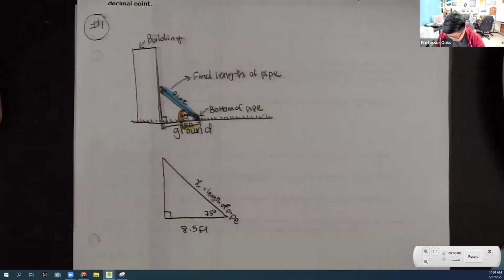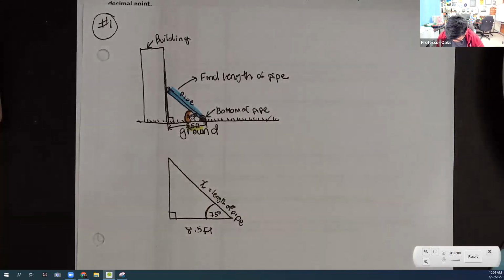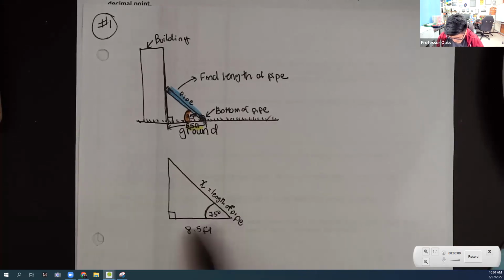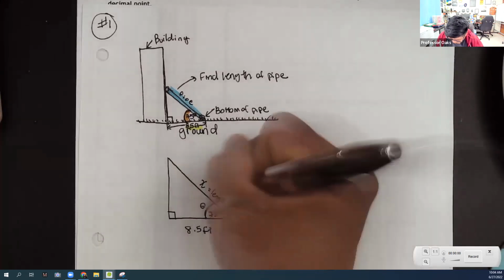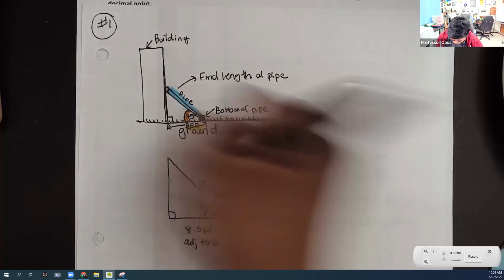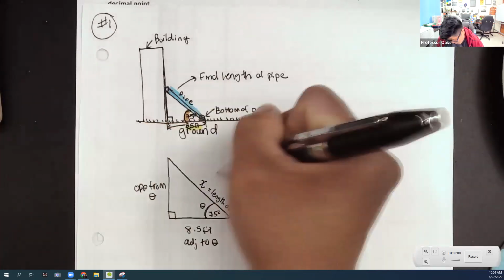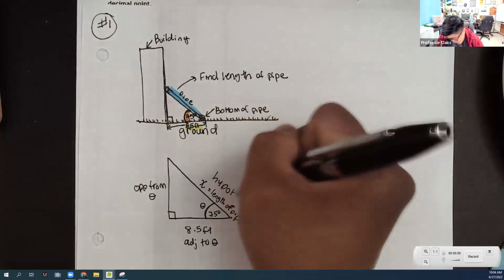Then from here, if you think of the 75 degrees as theta, this is the side adjacent to theta, this one is opposite from theta, and this one is the hypotenuse.